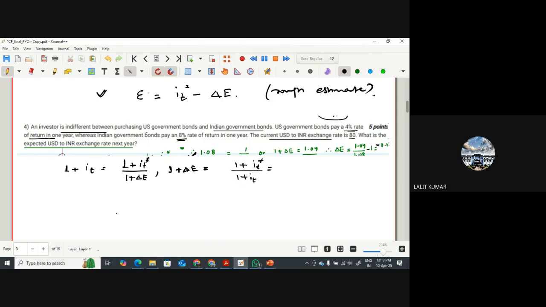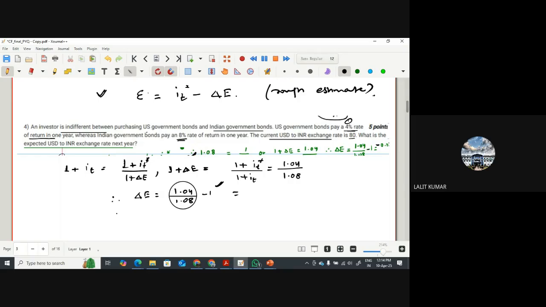Now iT star is US, so this is 0.04, so this will become 1.04 divided by 1.08. Therefore delta E is equal to 1.04 divided by 1.08 minus 1, and we can see it will be something negative because this term is less than 1.